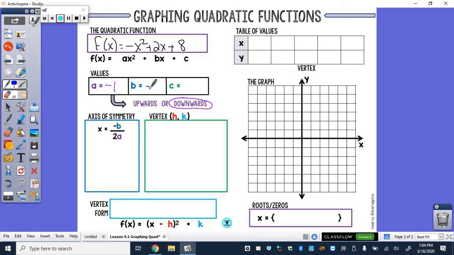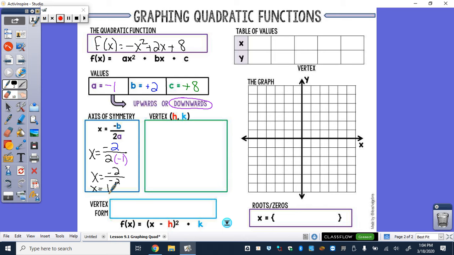My b is a positive 2, and my c is an 8. So finding our axis of symmetry. B again is a 2, a is a negative 1. So that gives me negative 2 over negative 2, so x equals a positive 1.